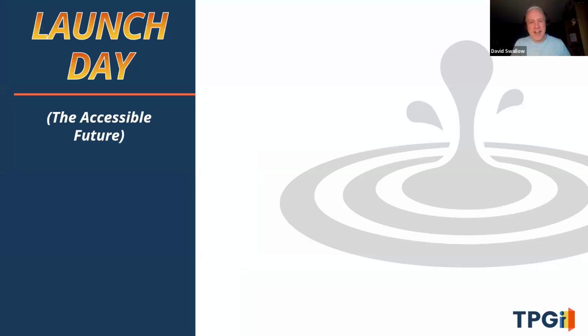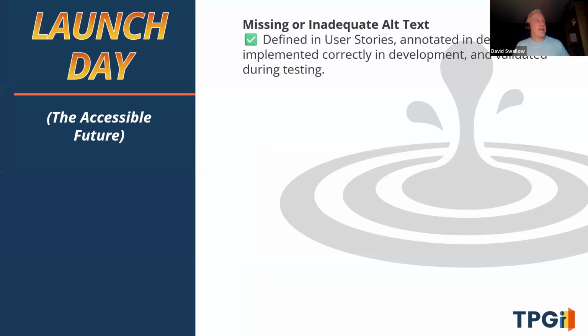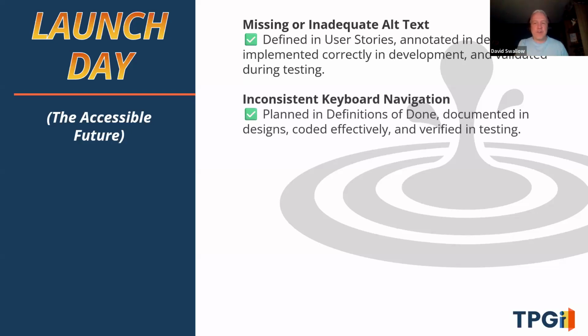If you look back at those key accessibility issues, alt text for images was defined in user stories with clear acceptance criteria. It was annotated in designs to clarify intent, implemented with the appropriate attributes during development, and checked for accuracy during testing. Keyboard navigation was included in definitions of done and documented in designs with logical focus order and interaction expectations.